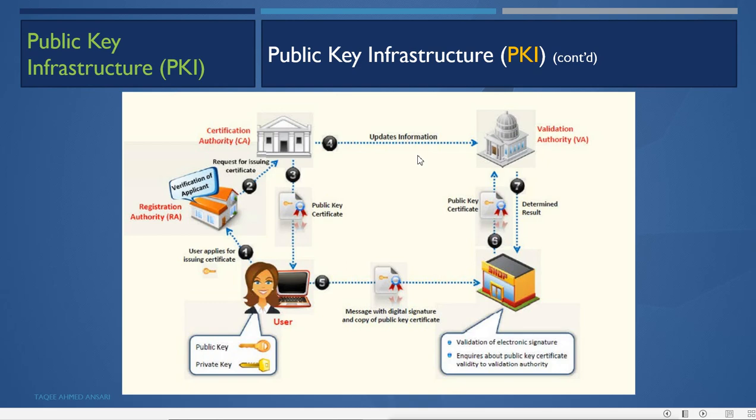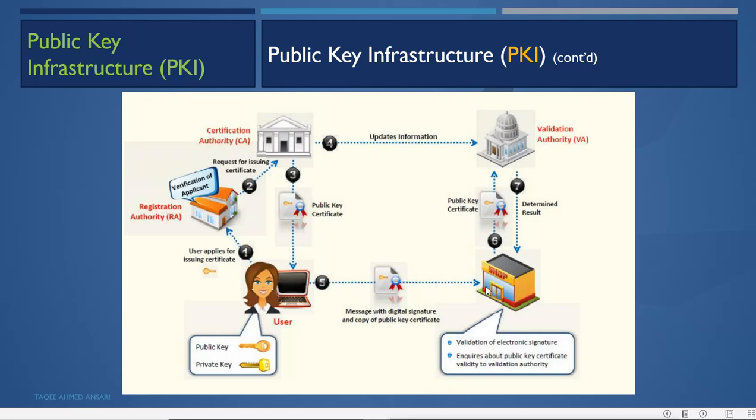They verify your site and your server by providing the certificate, and with the certificate they also give you the private key. That private key will be used to secure the communication between your server and the users. So first the organization uses the certification authority services to secure their server.